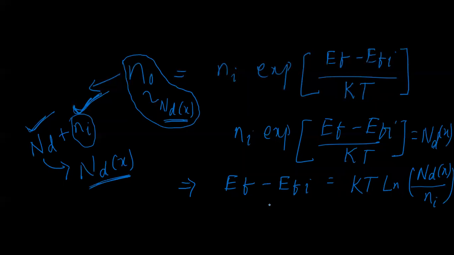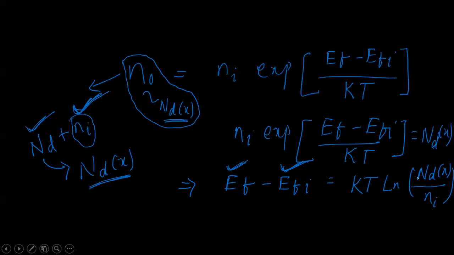Once you get this value of EF minus EFi, what we need is dEFi by dx, how the intrinsic Fermi energy level changes with respect to x. EF is constant, so no problem, its derivative will be 0. So I can write dEFi by dx as a function of Nd(x).